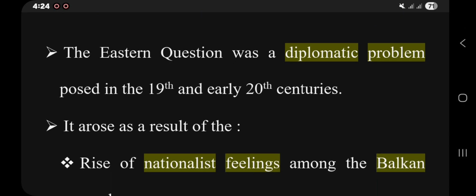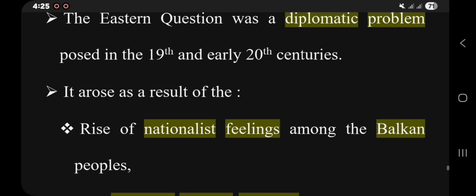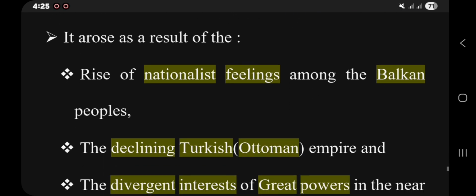Dear students, now we are going to look at another topic, nationalism and the Eastern question. The Eastern question was a diplomatic problem posed in the 19th and early 20th century. It arose as a result of the following. The first factor was the rise of nationalist feelings among the Balkan people.